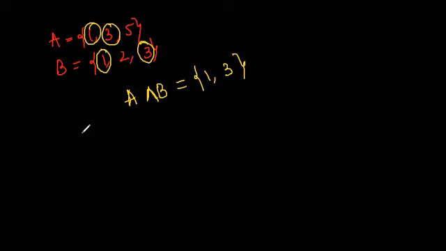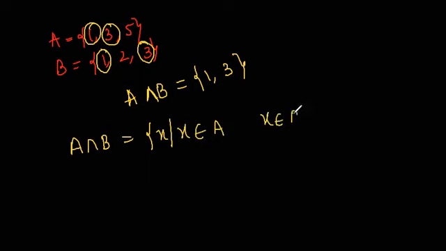Now how can you represent it in terms of connectives? So A intersection B can be represented as X such that X belongs to A and X belongs to B. Now if you think about it, the connective that is used for intersection is very obvious.